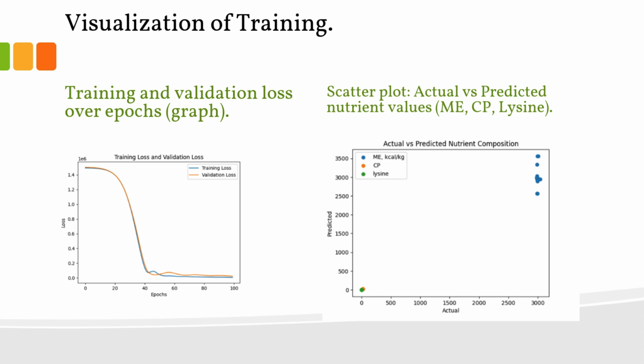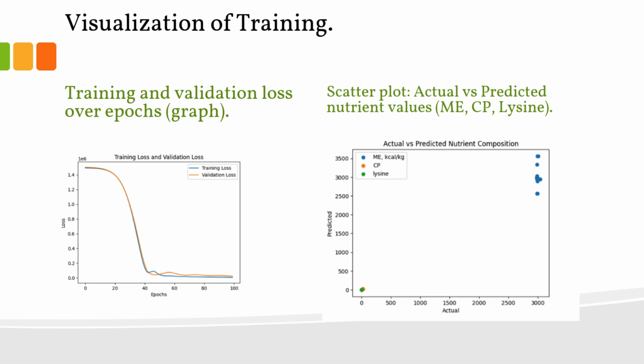In the visualization of the training, we see from our graphs that in the initial training the training loss and the validation loss are very high. But as the epochs keep increasing, the curves come down, reducing the training loss and the validation loss.